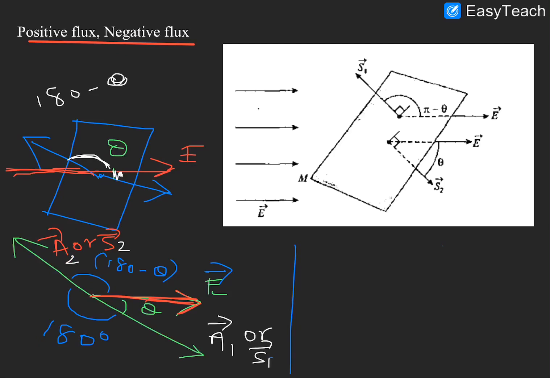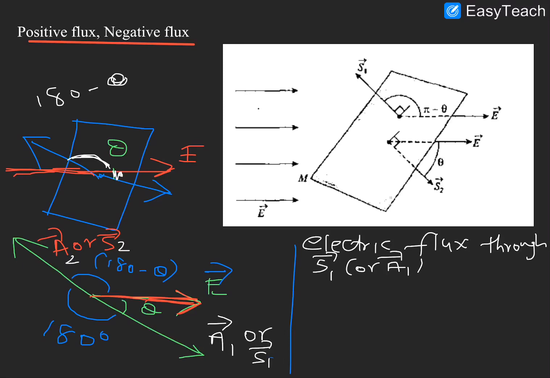Now let us find electric flux through S1 or A1, both are same. What is the equation?